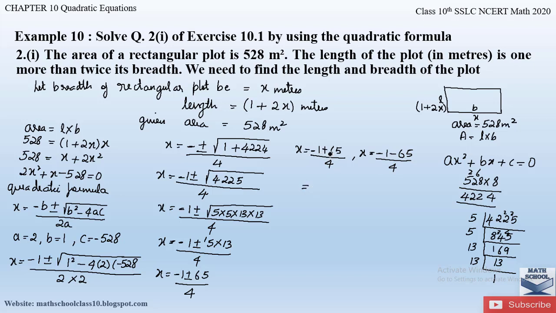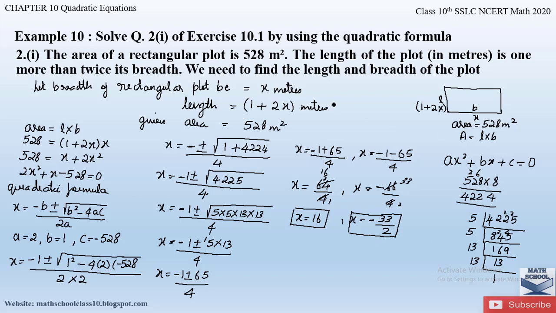When it is minus 1 plus 65, we have to subtract and take the sign of the greater number, that is plus 64 divided by 4, and x is equal to, we have to add here with minus sign, minus 66 divided by 4. 4 16s are 64, so x is equal to 16, and here 2 33s are 66, so x is equal to minus 33 divided by 2. So we got two roots, x is equal to 16 and x is equal to minus 33 divided by 2.